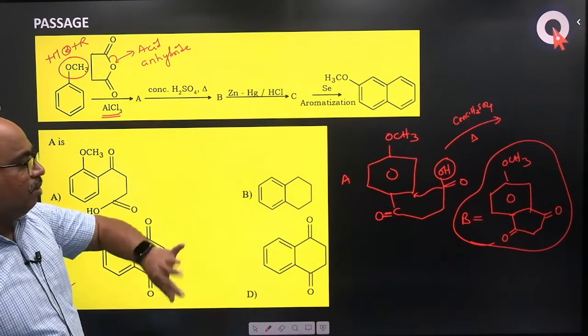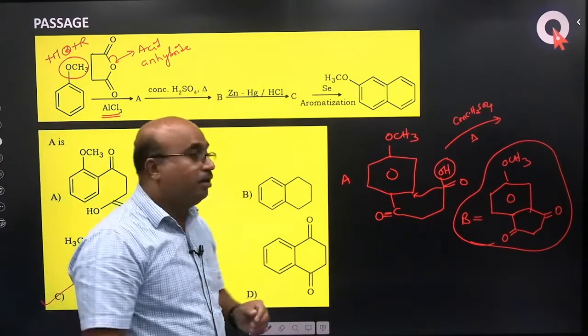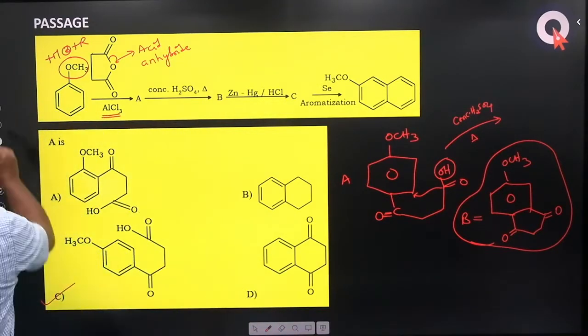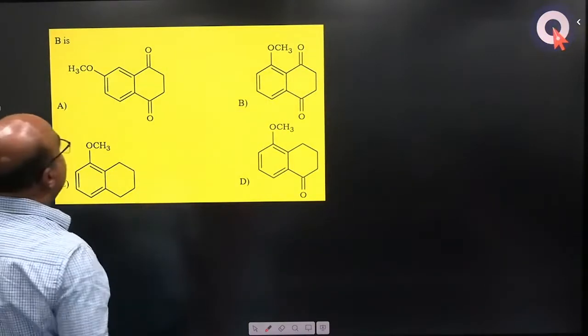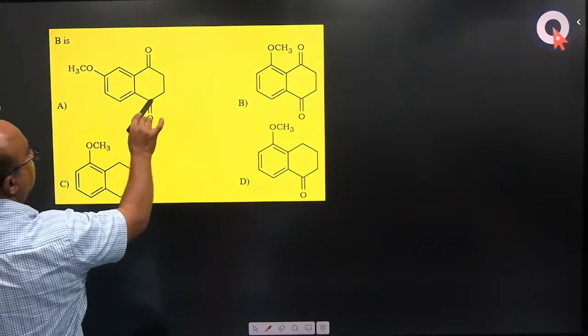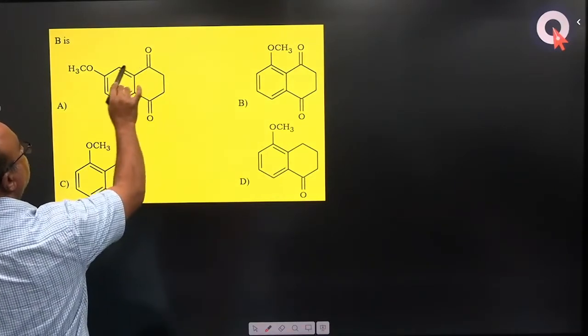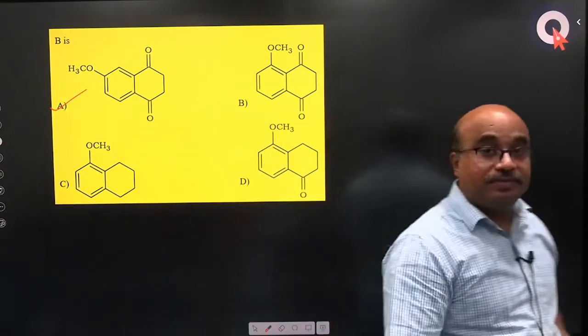Let us say the B option, which is given in this. So what is B? They gave us OCH3 at para position, C double bond O is there, CH2, CH2, C double bond O. So this is A, A is the option for us.